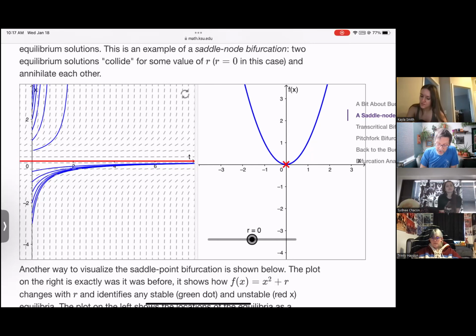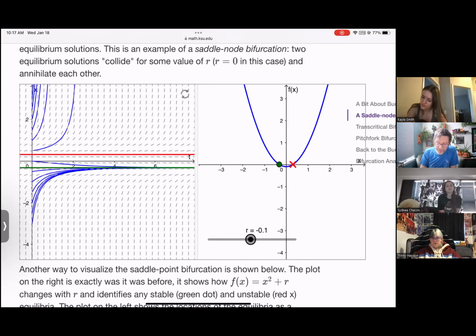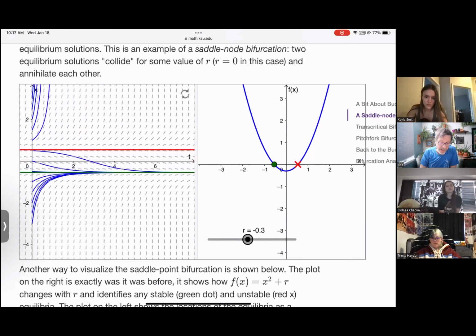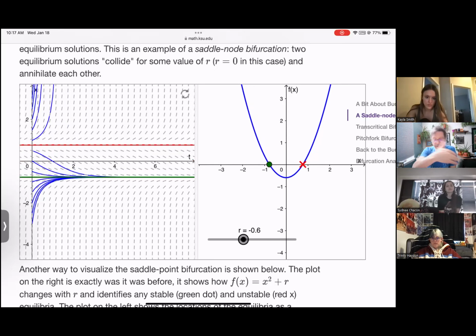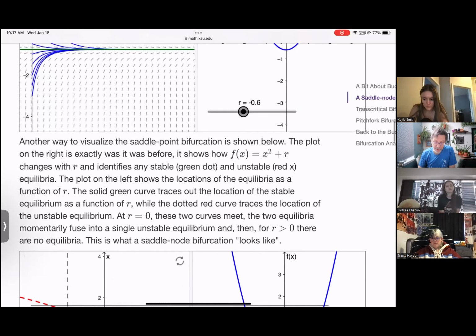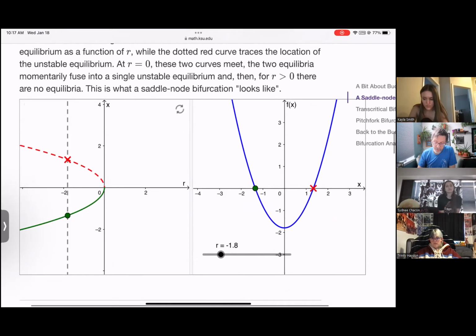And then as we become a little more negative, just a hair's breadth, instantly that thing splits. And then you've got 2 equilibria. Let's get them a little further apart. Again, the bottom one stable, top one unstable. I just think that's fun. I think that's just quite beautiful. So this is in there for you to play with all you want.